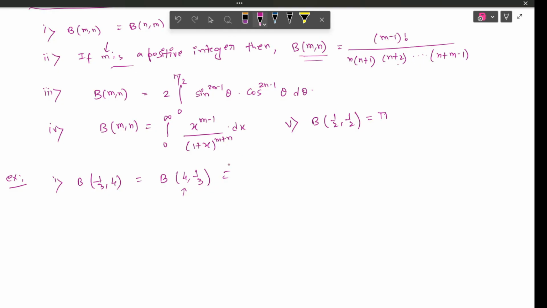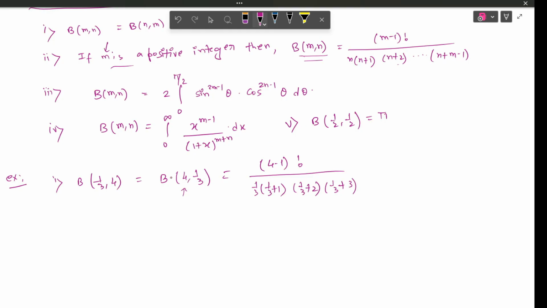N is 1/3, right? So it would be m minus 1, that is 4 minus 1 factorial by n into n plus 1, that is 1/3 into 1/3 plus 1, 1/3 plus 2 and 1/3 plus 3. To which term will it go? It will go up to n plus m minus 1.